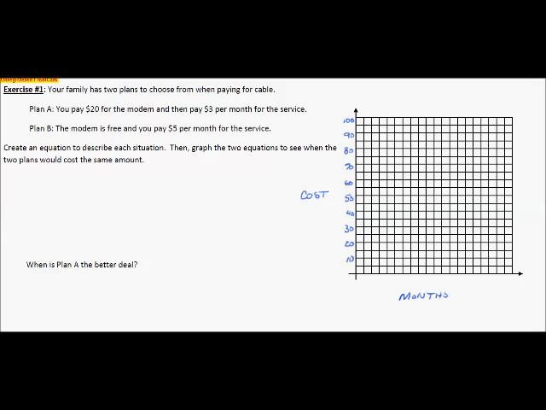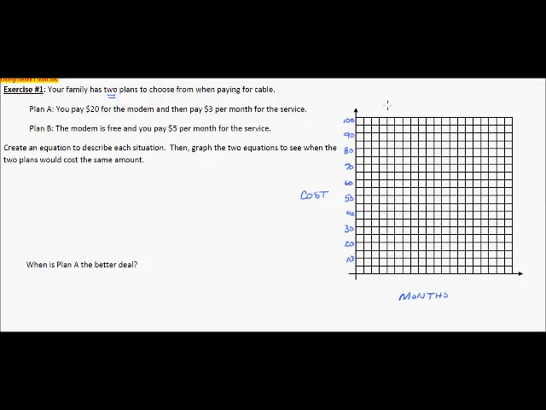Alright? So this first exercise here, we have a situation that they set up, and it is about a family that has two plans to choose from. Notice it has two different plans, so that's going to tell me I'm probably going to need two equations to describe this situation here.